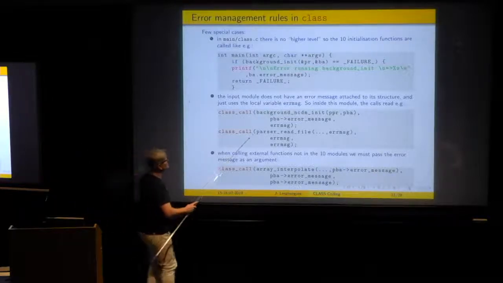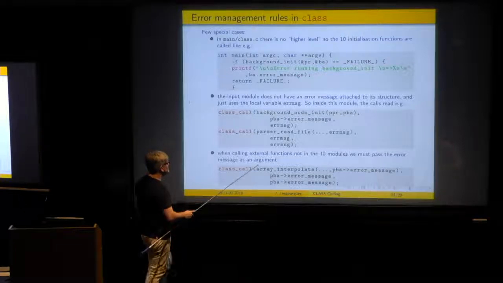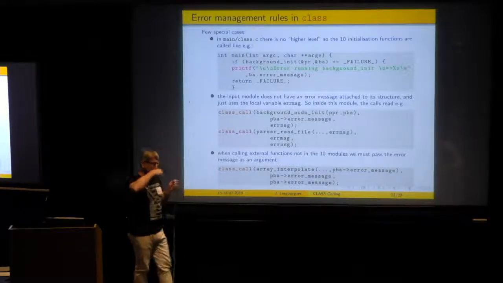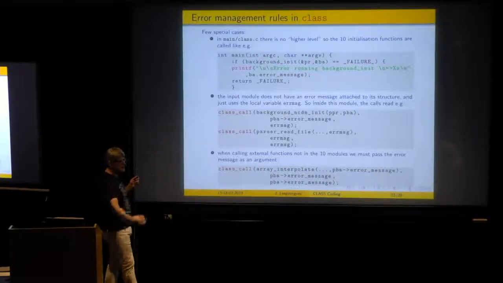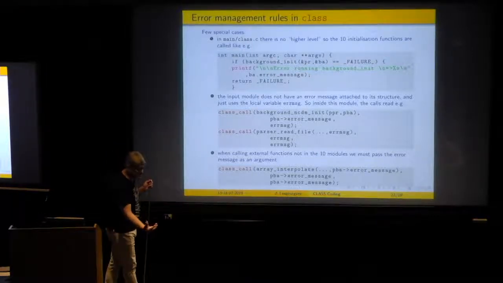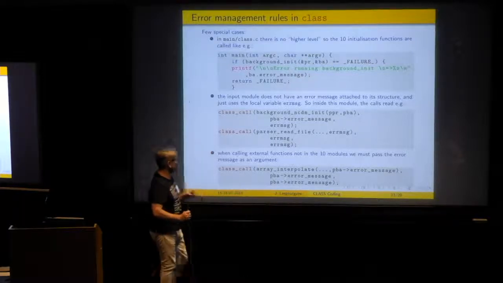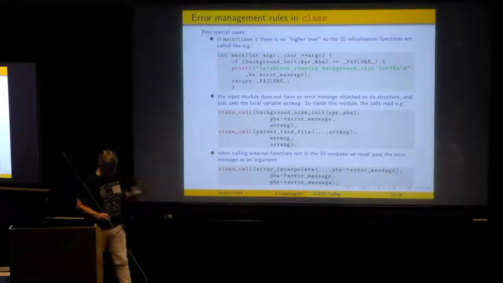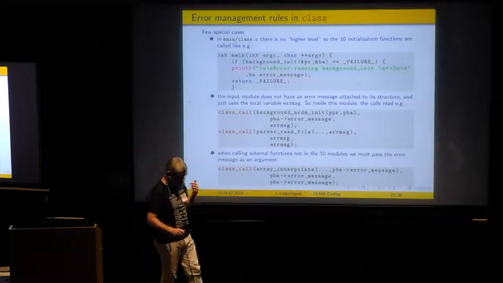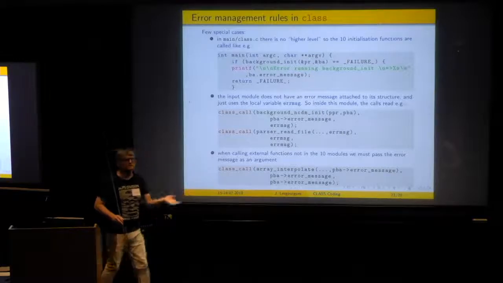So I gave an example of parser function, and here it's an example of an array function. In tool slash, you have all these numerical methods. You have the parser, you have the integrators, and array.c contains lots and lots of functions which do extrapolation, interpolation, and integration and derivation of vectors, of arrays.